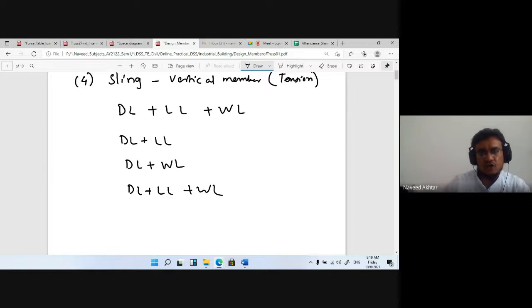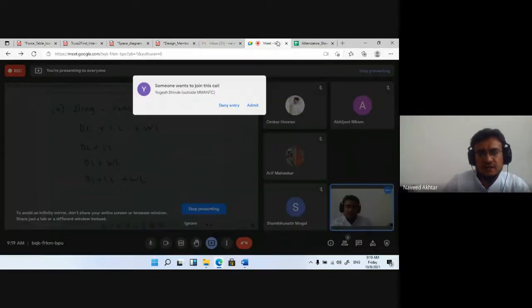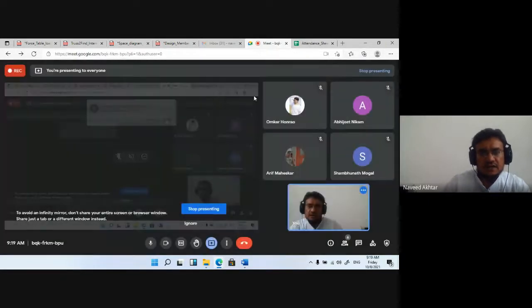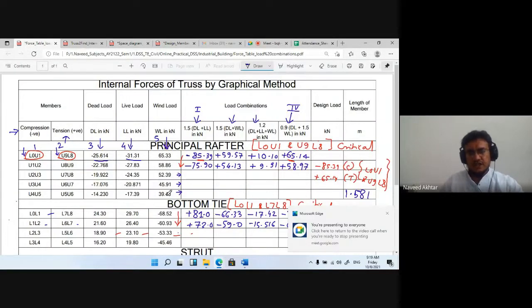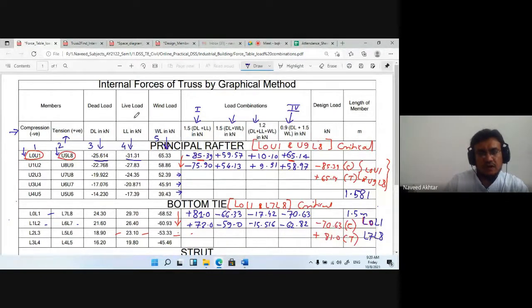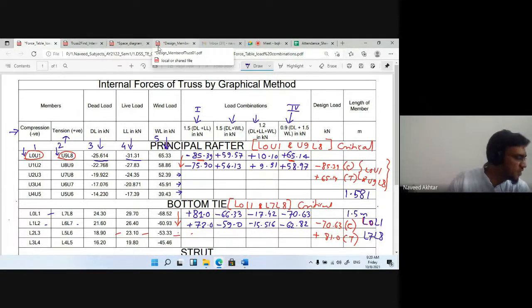Another combination we have taken, which is very dominant, is 0.9 dead load plus 1.5 times WL. You can see this combination here also.